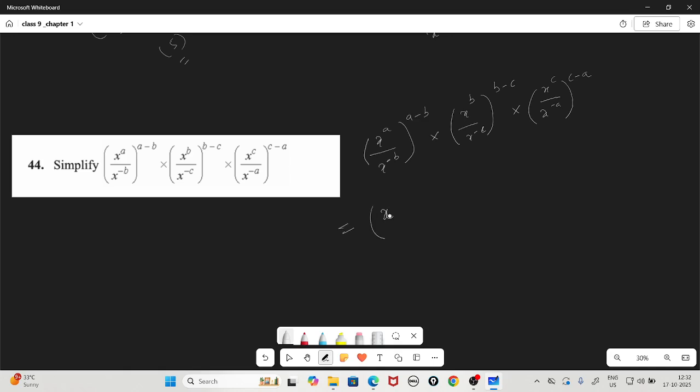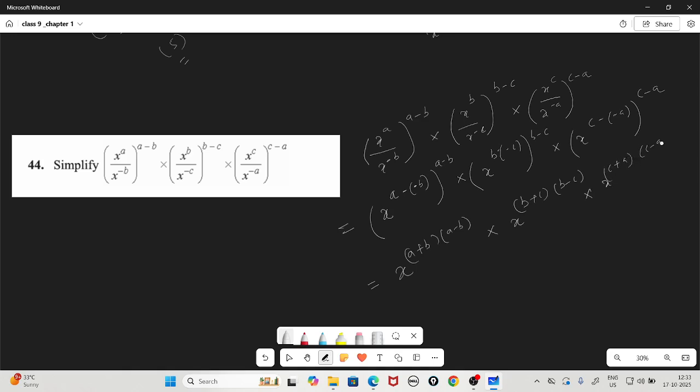Fine, good. So here x raised to the power a minus b, raised to the power a minus b, into x raised to the power b minus c, raised to the power b minus c, into x raised to the power c minus a, raised to the power c minus a, which is again x to the power a plus b into a minus b, multiplied by x to the power b plus c into b minus c, into x to the power c plus a into c minus a.